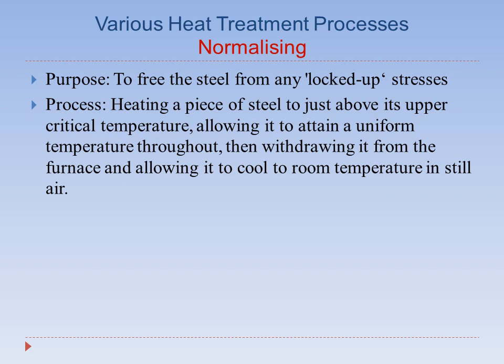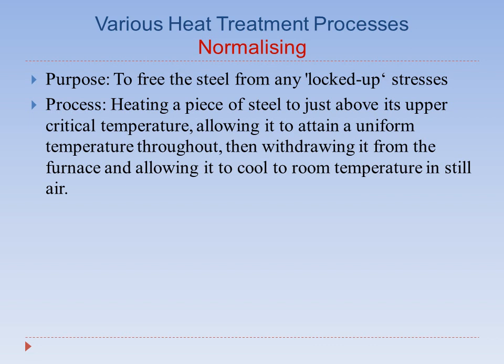So remember friends, in the case of normalizing, number one, the heating is above the upper critical temperature. Number two, we spend some time so that the material gets heated and we get the same temperature throughout. Third point, we cool it, but the cooling is done to room temperature in still air.